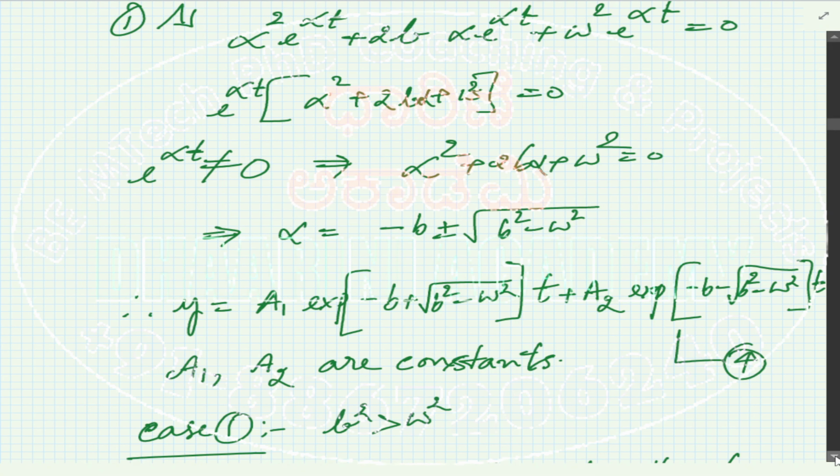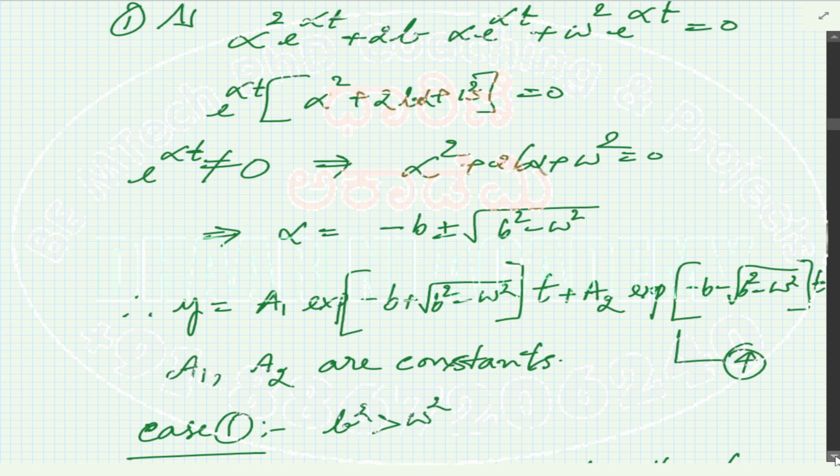So we'll write it in this way: e to the alpha t times alpha square plus 2 b alpha plus omega square. Since e to the alpha t cannot be equal to 0, we have to have this function equal to 0, which is alpha square plus 2 b alpha plus omega square equal to 0.